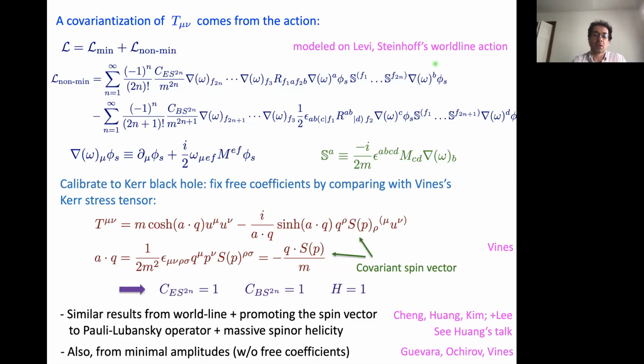In that language, the causality problem had to do with the fact that one allowed these particles to get arbitrarily close to each other.